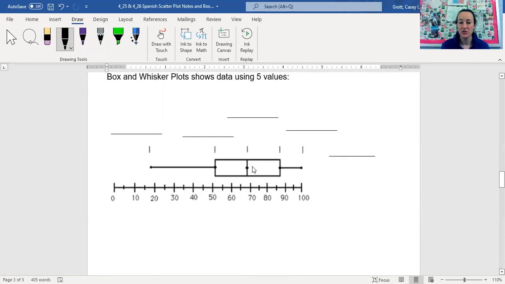So we're going to jump into some vocab first, and then we'll go back and check those answers. You guys already have this on your paper. This number right here, this dot, is called the lower extreme. The line at the furthest left part of the box is called the lower quartile.